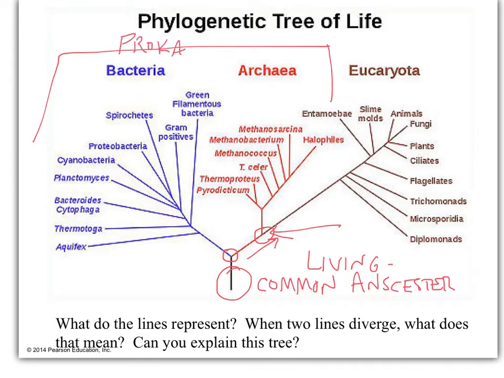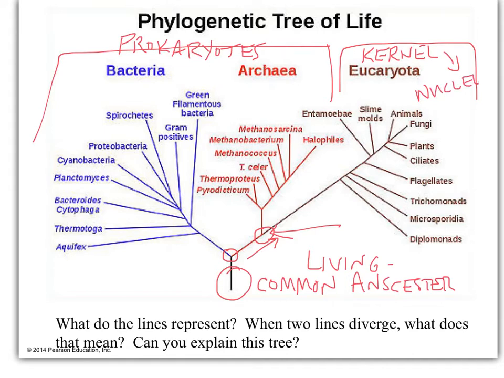And pro meaning before karyotes. And what did we see the karyotes were? A kernel of corn. And that kernel of corn really is talking about the nucleus. So this helps us understand this tree of life.